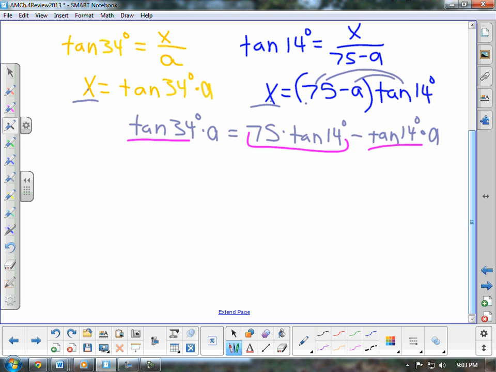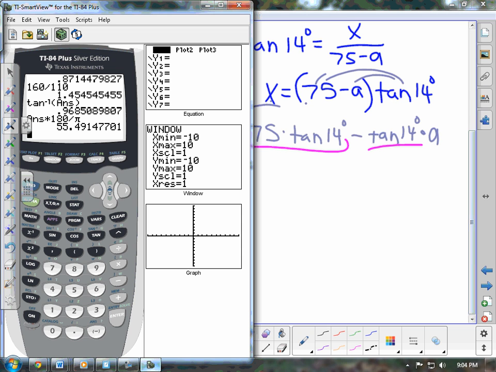So if we're going to solve this for a, we got to get the a's to one side. We need to add tangent of 14 to this side. And so if we figure this out, we have tangent of 34 plus tangent of 14.